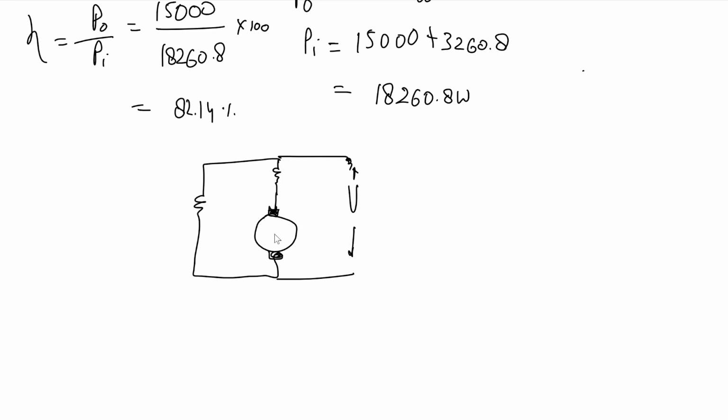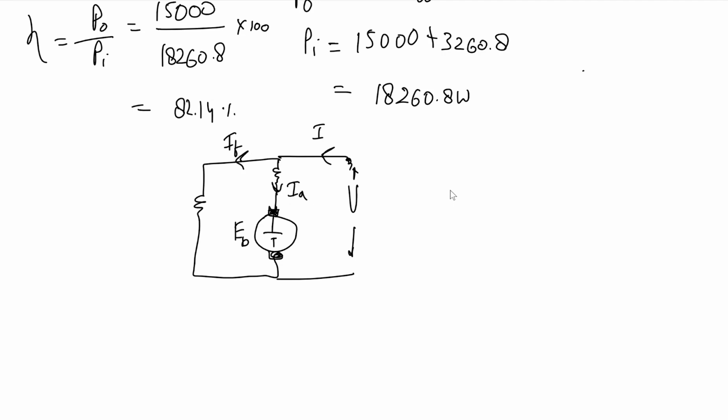A DC motor will have a back EMF because it is also cutting the flux. So it will develop a back EMF, E. And it will take the current I. Some current will go to the field winding, some current will go to the armature.